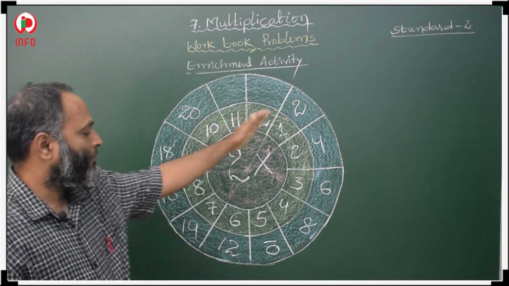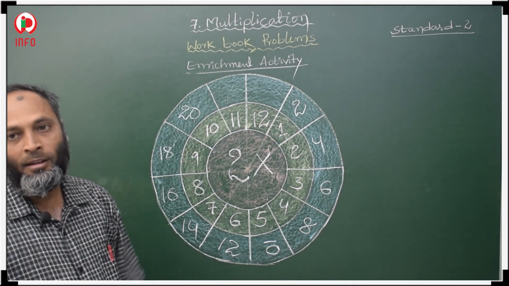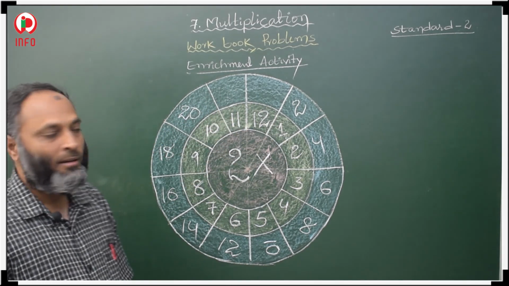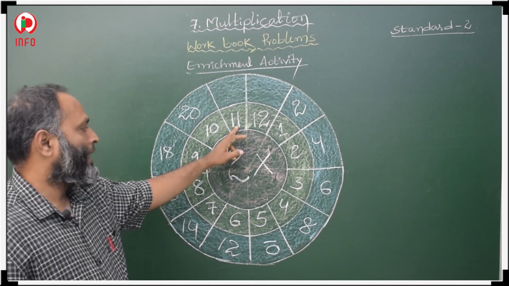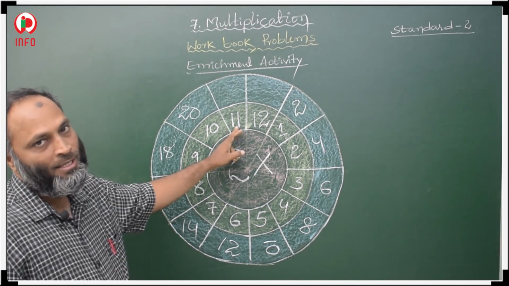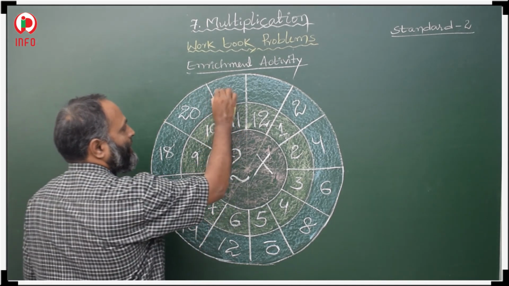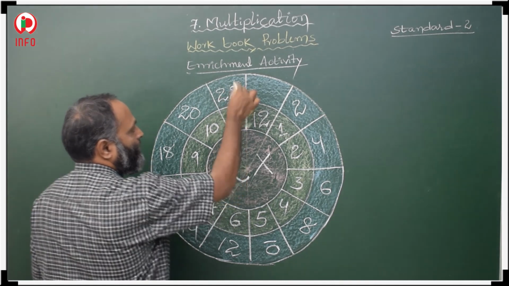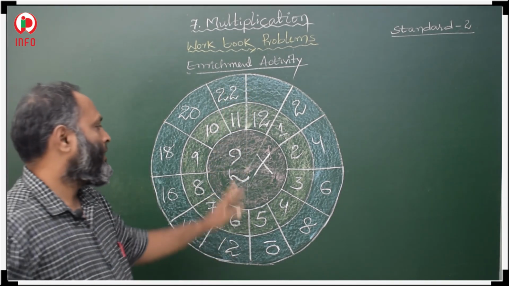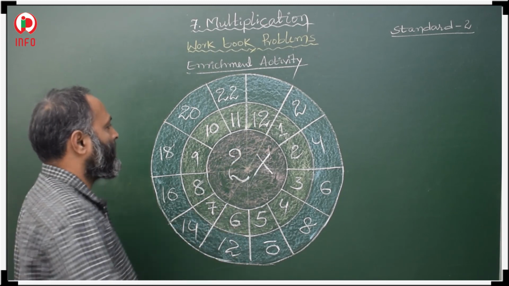That product we have to write in the blue part. Okay. 2 11s are 22. 2 12s are 24.